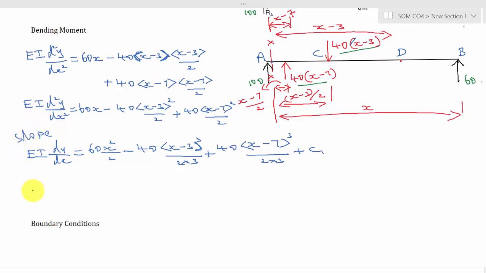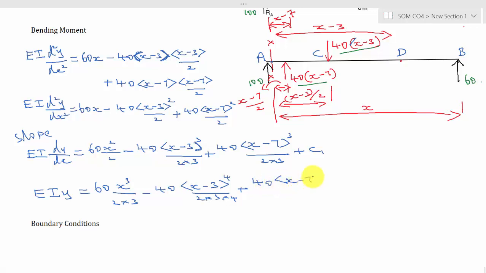Further, to get the deflection, I am going to integrate it once again. So I will get EIy, that is 60 x cube divided by 2 into 3, then minus 40 (x minus 3) the whole power 4 divided by 2 into 3 into 4 plus 40 (x minus 7) the whole power 4 divided by 2 into 3 into 4 plus C1x plus C2.